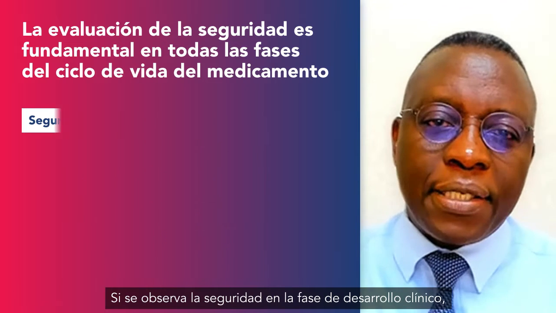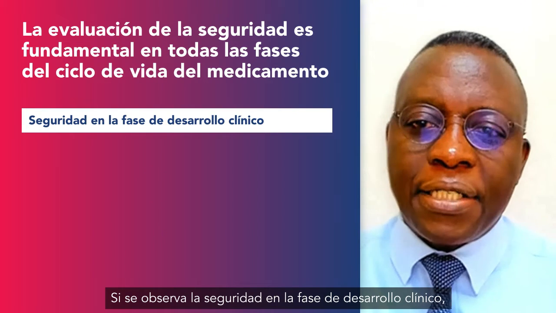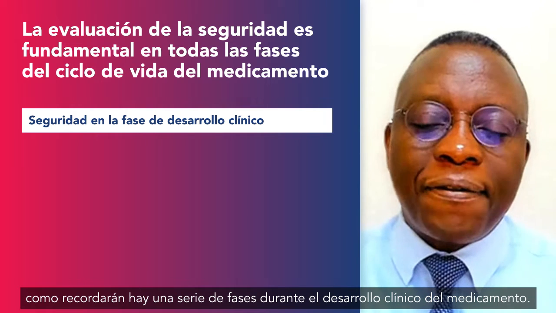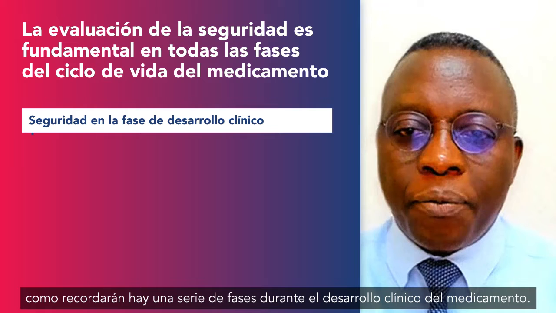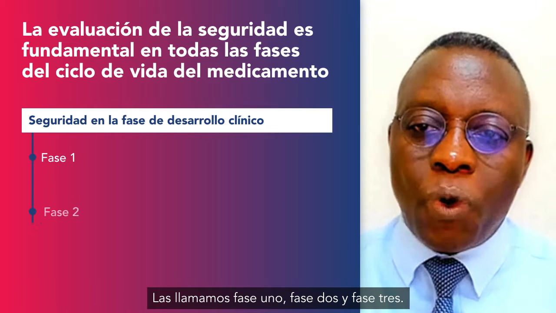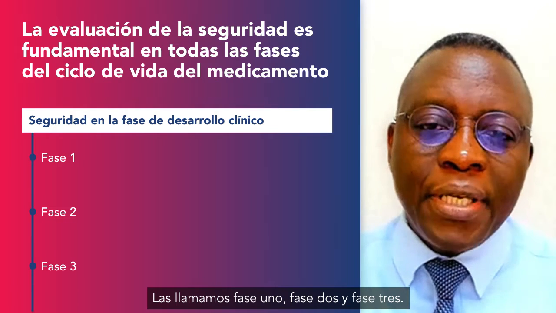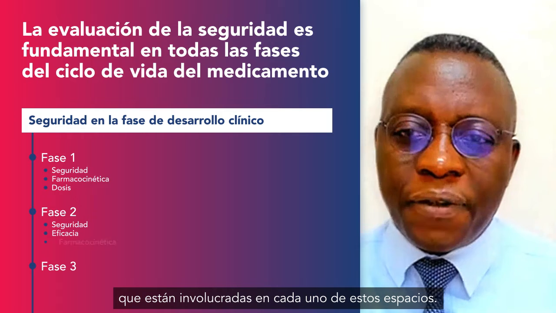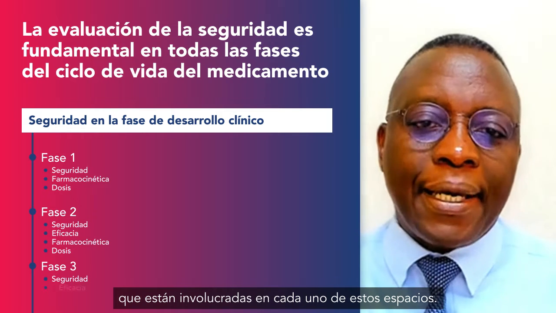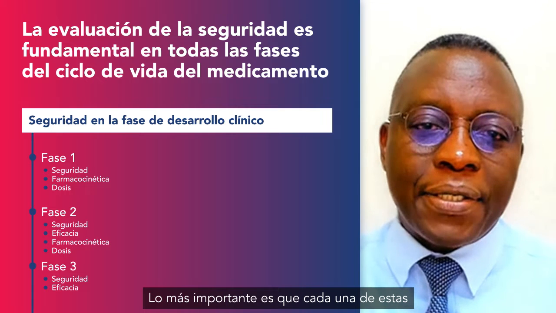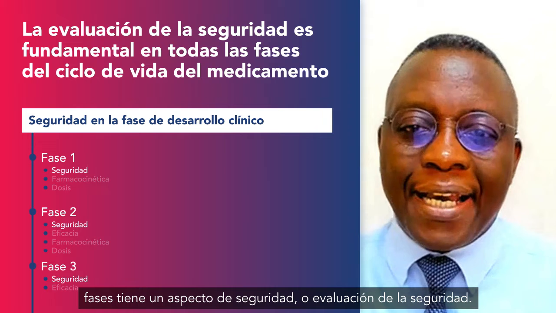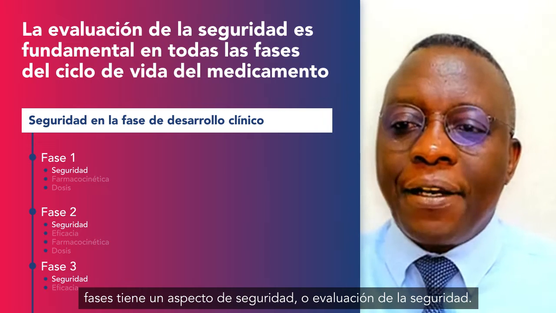If one looks at the safety in the clinical development phase, as you will recall, there are a number of phases during the clinical development of the drug. We call them phase 1, phase 2, and phase 3. And in fact, you can see that the kind of activities that are involved in each of these phases are many. The most important part is that each one of these phases has got a safety evaluation in it.